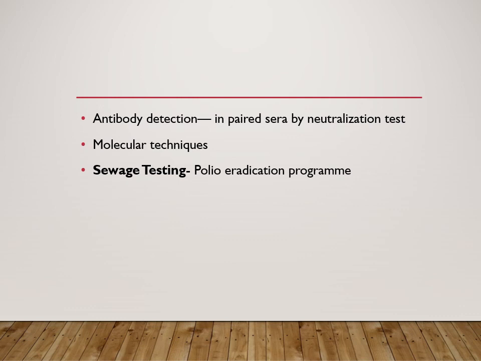We have said that for 3 years we have not had any wild strain poliovirus, so we are taking these samples from different places and checking for wild strain, or any strain whether wild or vaccine strain. This is used in the polio eradication program.